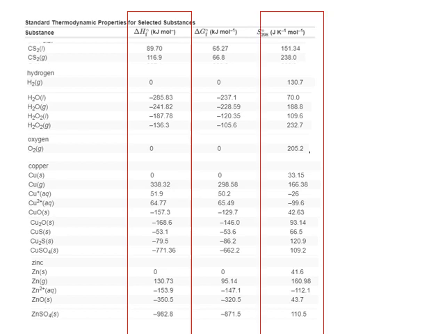Notice also that because of the definitions of standard enthalpies of formation, any substance in the table that is an element in its standard state will have an enthalpy of formation of 0 because it's being formed from its element in its standard state, so there's no net change.